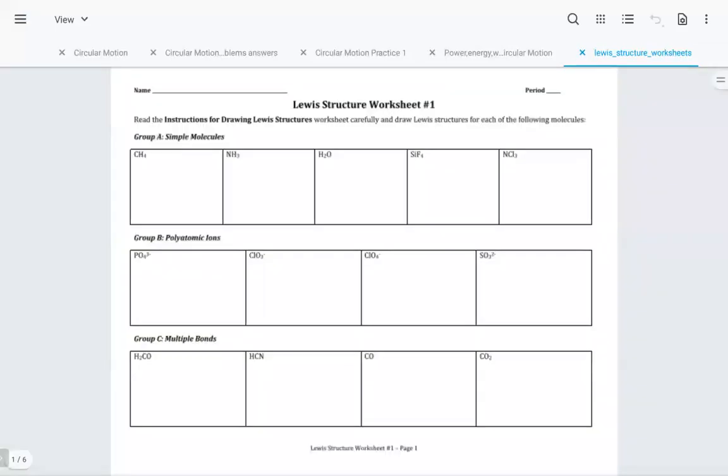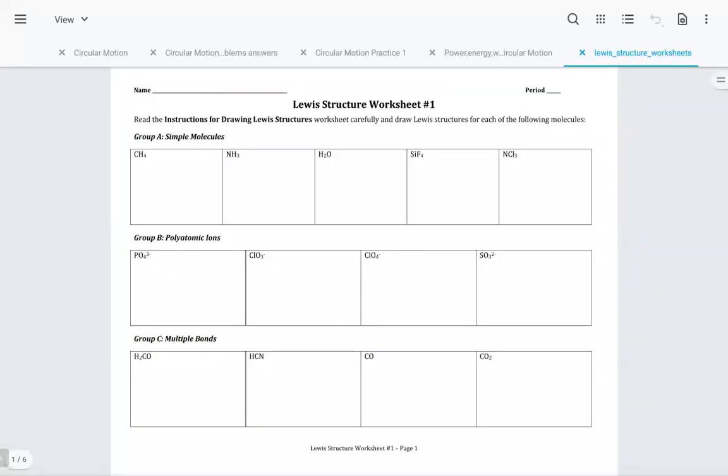Please confirm if you're able to see the worksheet, all of us. Yes, sir. In this worksheet, you'll be drawing the structures in the boxes. You are going to do it on your own for practice.